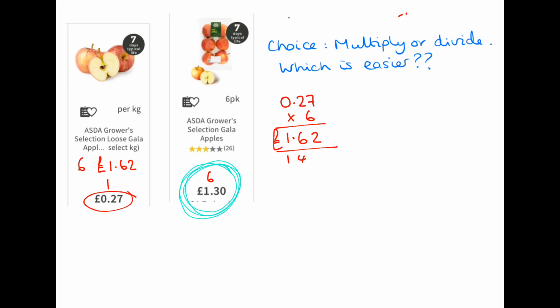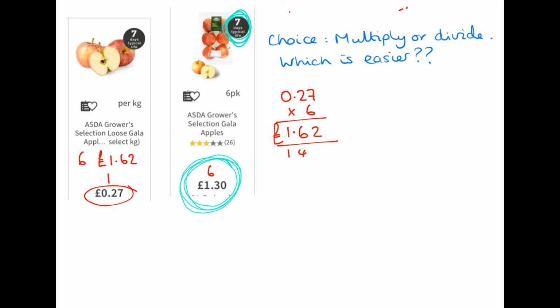However, it says here, look, 7 days typical life. If you're not going to get through 6 apples in 7 days, then there's no point in buying 6 and wasting some of them. So there's that to bear in mind as well. But the 6-pack is better value than the individual apples.